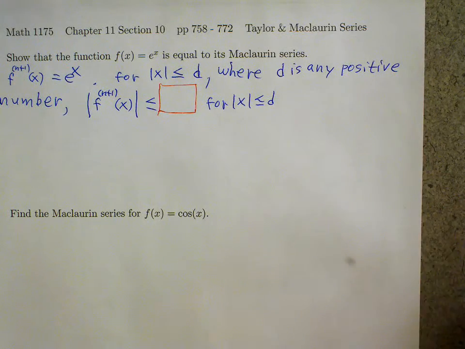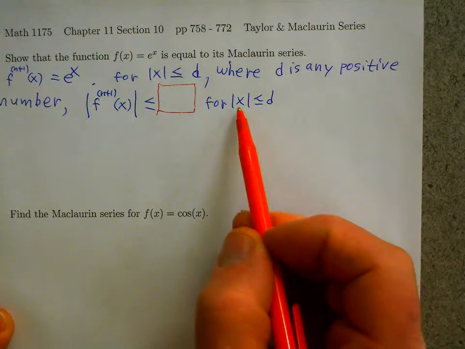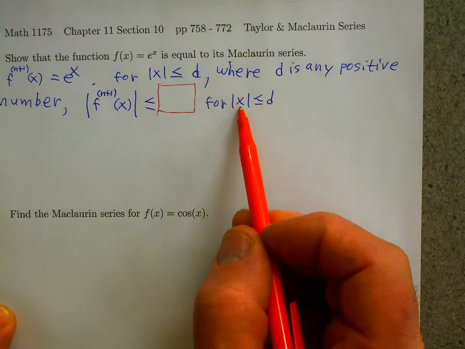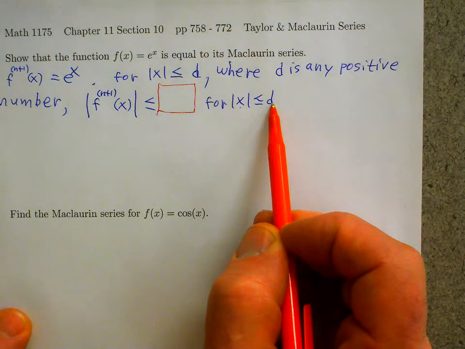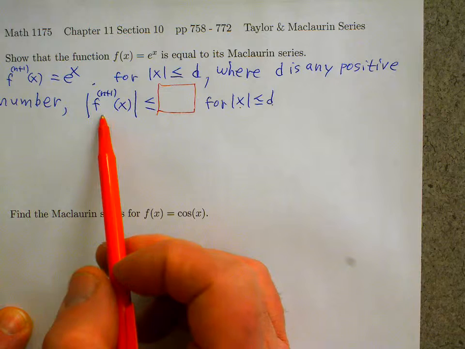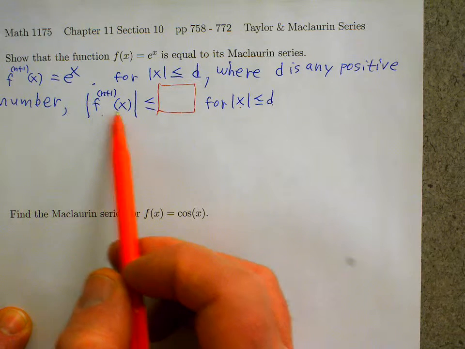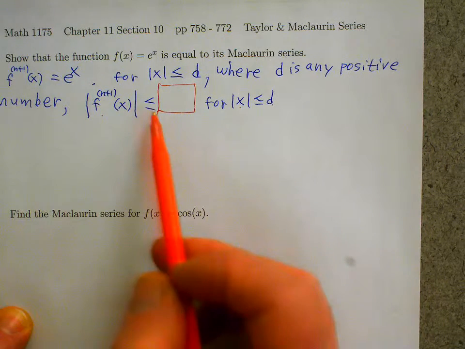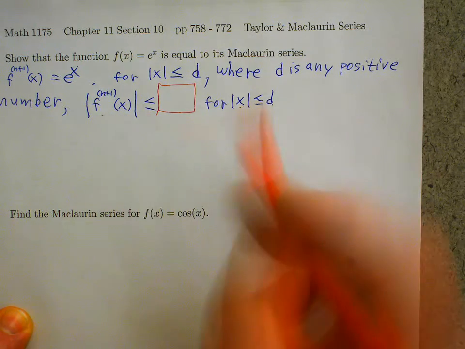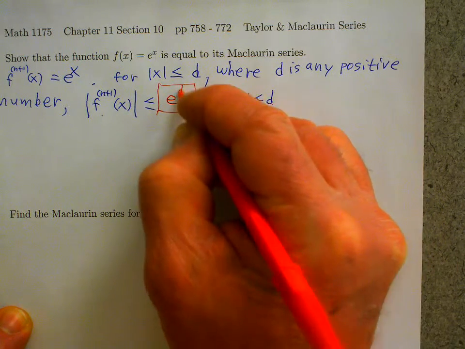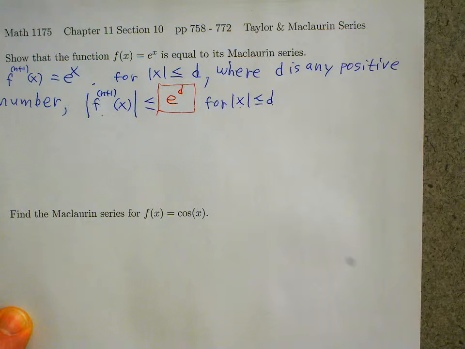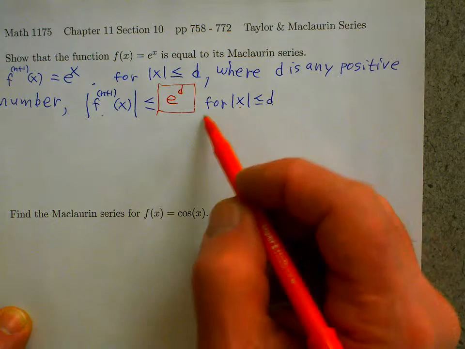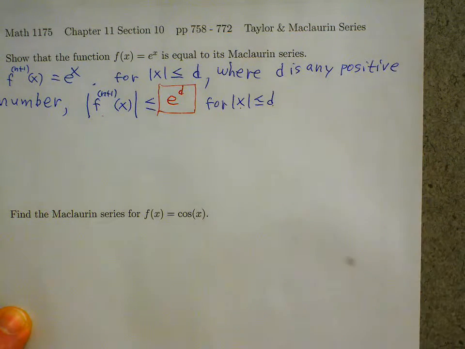Well, since e to the x is an increasing function, and if the maximum absolute value of x is d, and the nth derivative of f evaluated at x is e to the x, the maximum value of this has to be e to the d. So in the Taylor's inequality, e to the d is equal to the M.